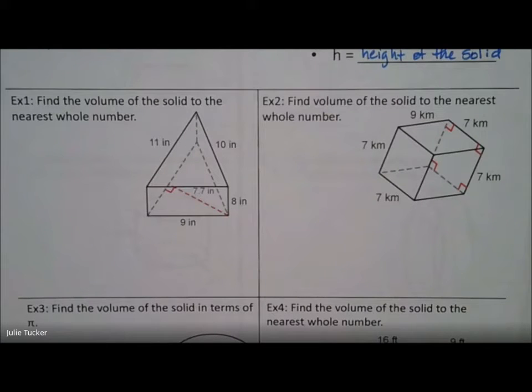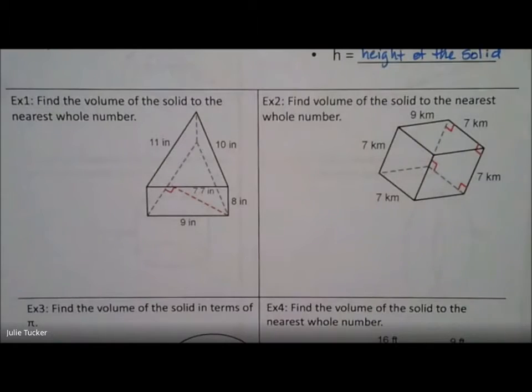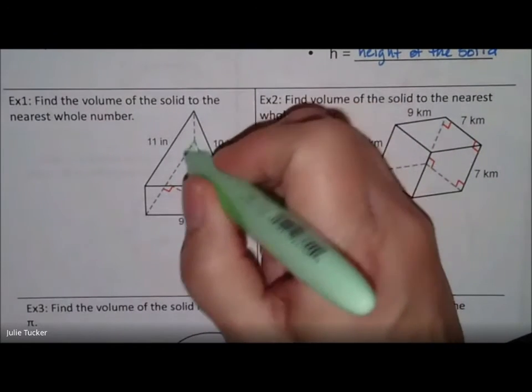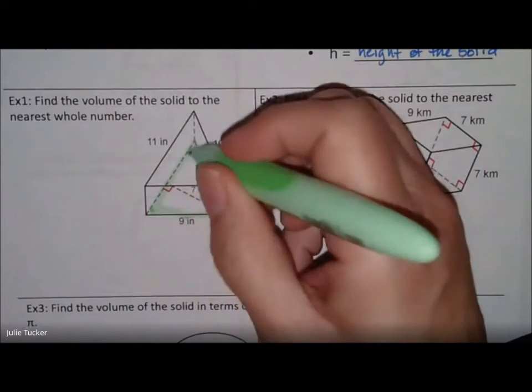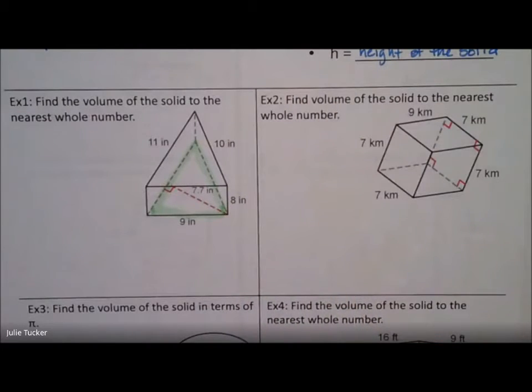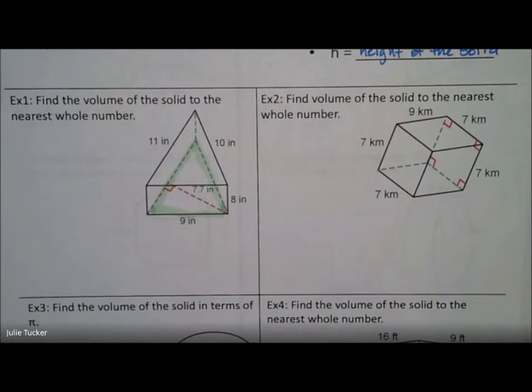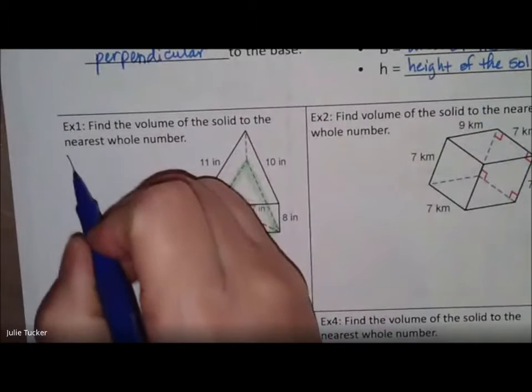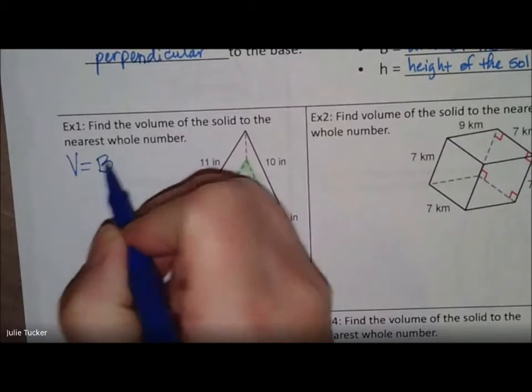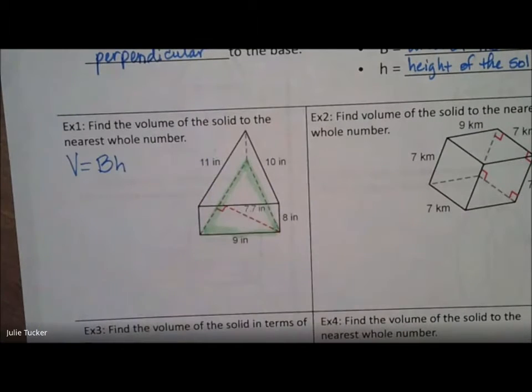So let me get my highlighter going. There's your base. So we need to find the area of that triangle because our volume formula is volume equals the area of the base times the height.